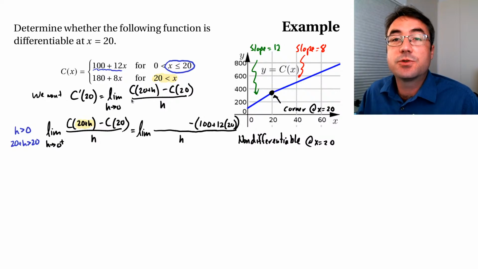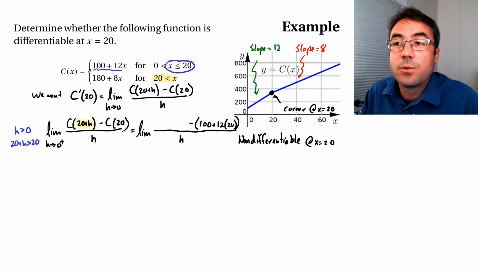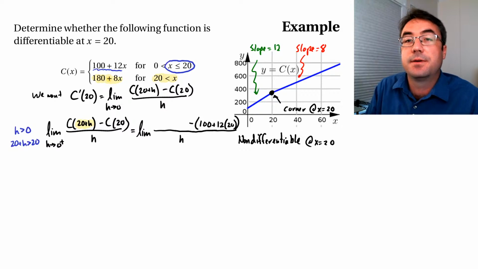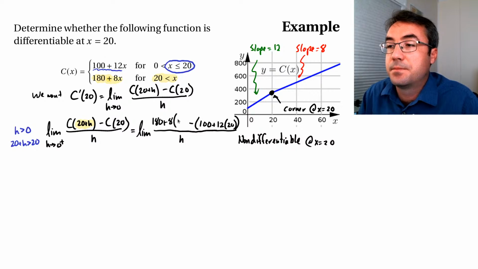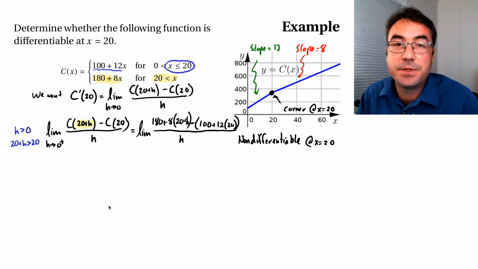So when we plug 20 plus h in, we're plugging it into this piece of our function, the 180 plus 8x. And then we subtract.